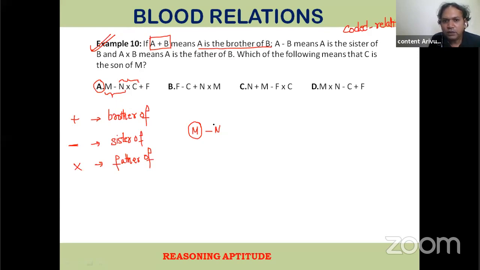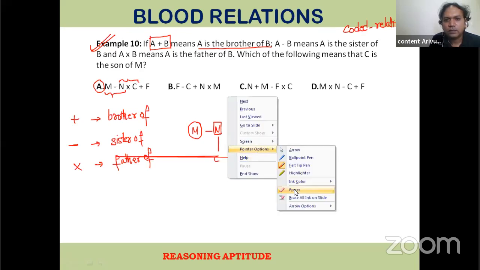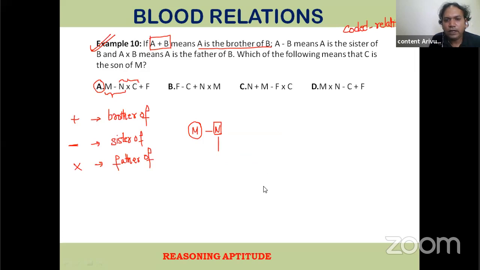Father of. So N is father of C. Clear? C plus F. C is brother of F. So C is a male.